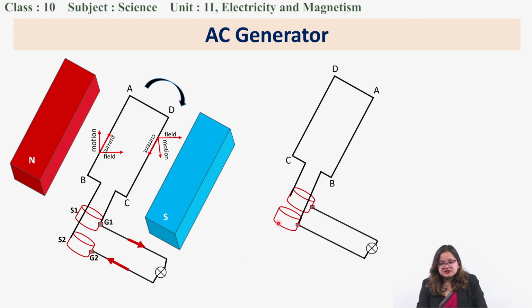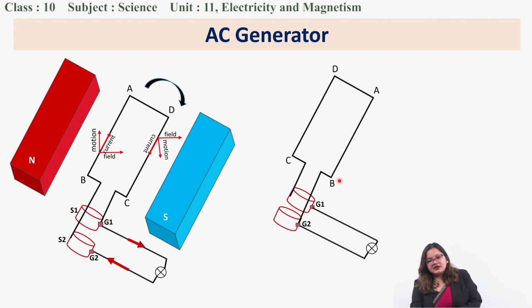AB is still in slip ring 2, and DC is still in the first slip ring. The first slip ring is still on G1 and the second slip ring is still on G2, as you can see here. The motion is ongoing still. Although all these parameters are the same, what is the difference here? These sides have been altered. Everything is the same, the only difference is the side alteration.